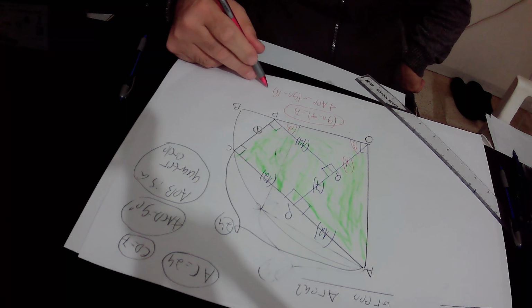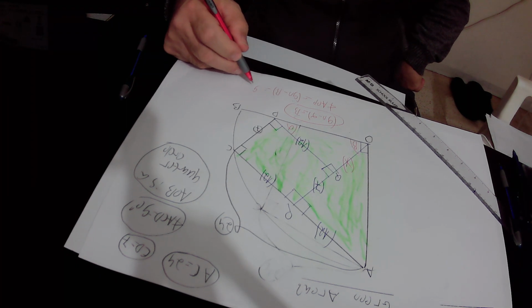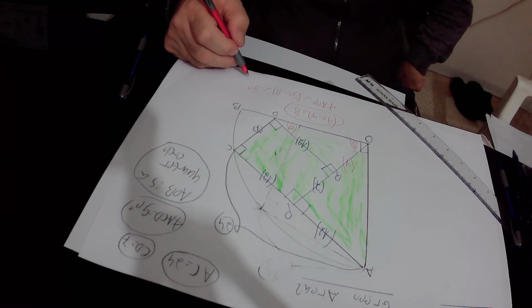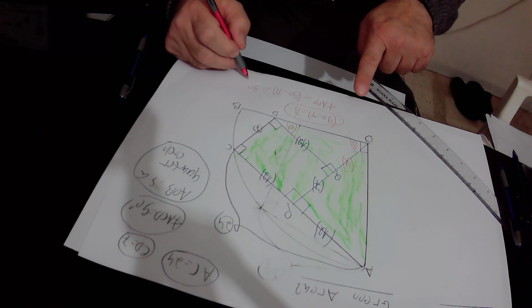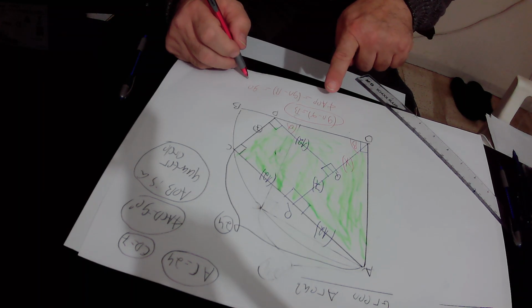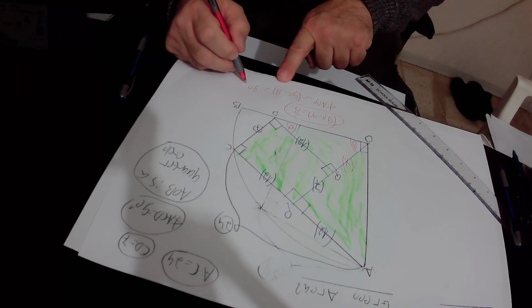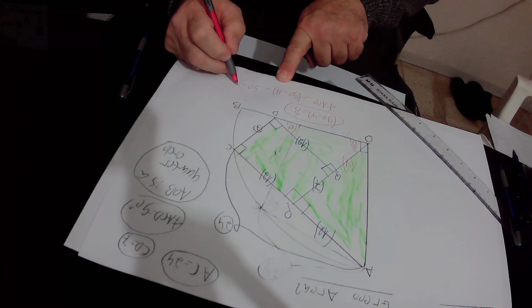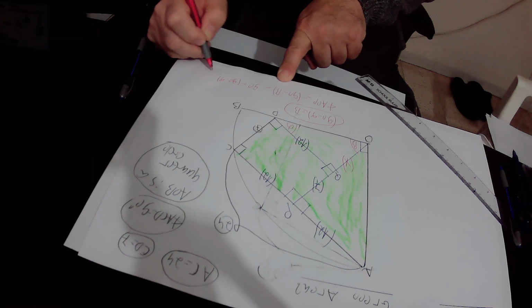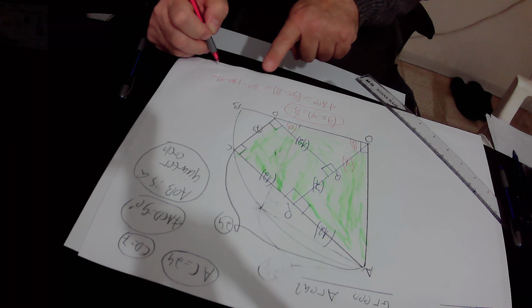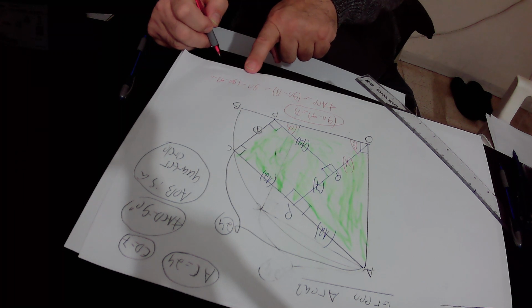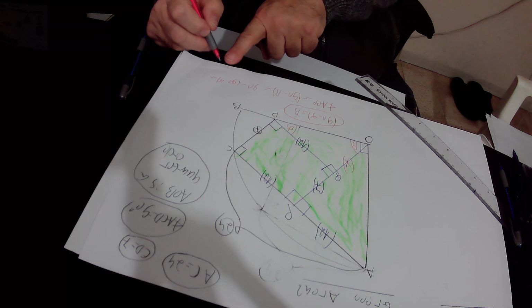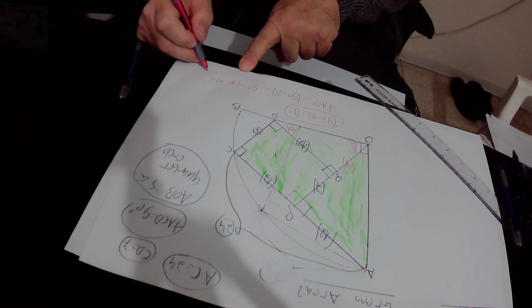Okay, so 90 degrees minus beta. But beta is 90 degrees minus alpha, so we substitute beta here by 90 degrees minus alpha. We open the brackets here and we get that 90 degrees minus 90 degrees is 0 and minus times minus is plus, so in total this expression equals alpha.